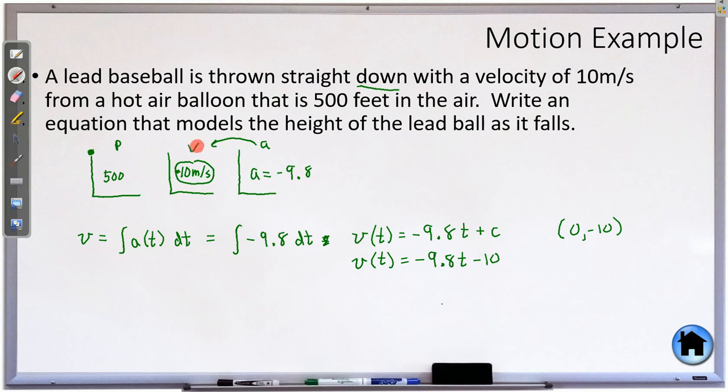Well, that gets us here. Now we have to go one more time to get to position. So position is going to be the antiderivative of velocity. So we are going to take the antiderivative of negative 9.8 t minus 10.